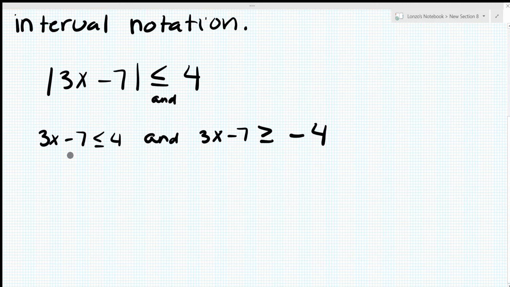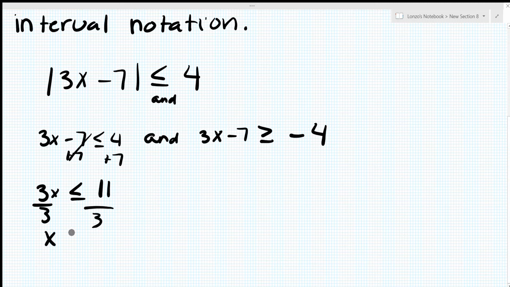So let's solve for x. So I'm going to add 7 here. You get 3x is less than or equal to 7 plus 4, which is 11, divided by 3. So x is less than or equal to 11 over 3.